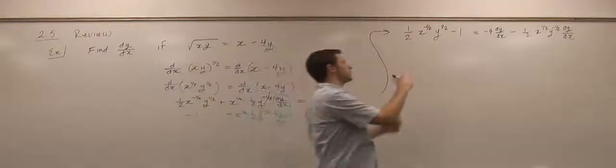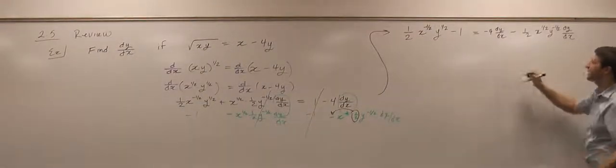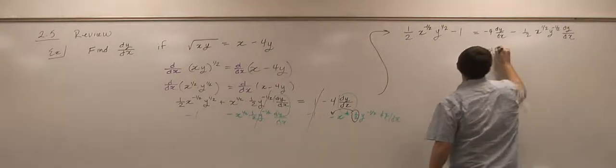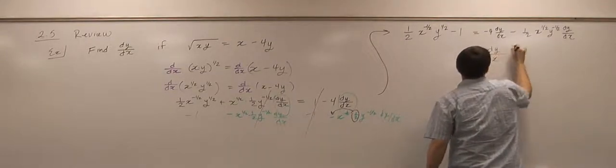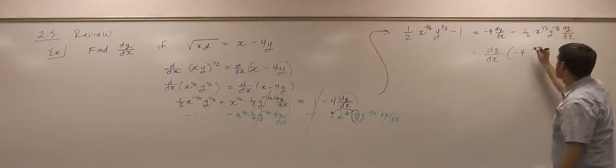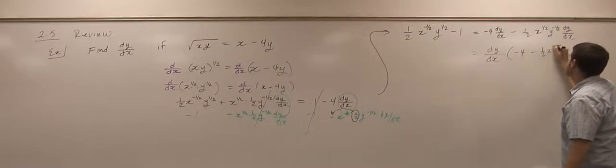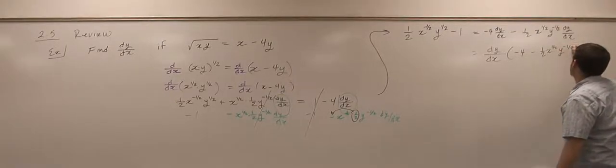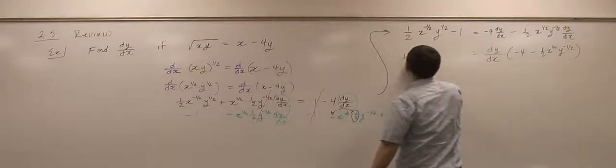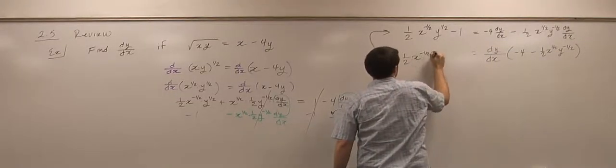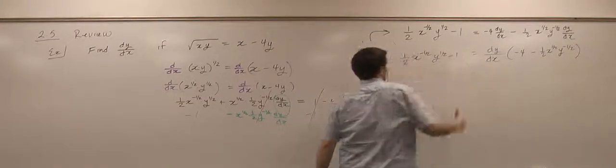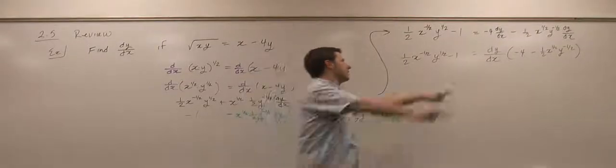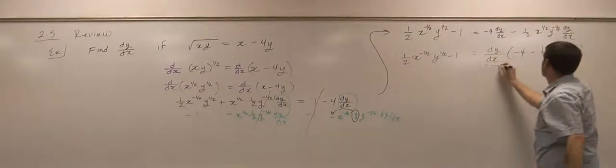How do I get a single dy dx out of this? Factor. So we have negative 4 minus 1/2 x to the 1/2 y to the negative 1/2 times dy dx equals this. You divide by this monstrosity.